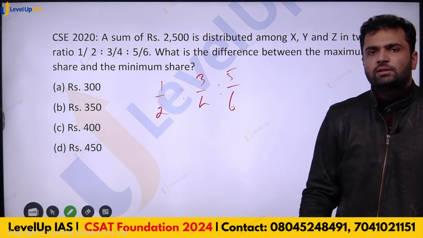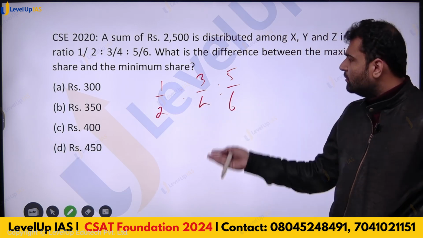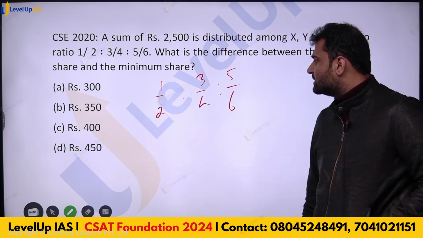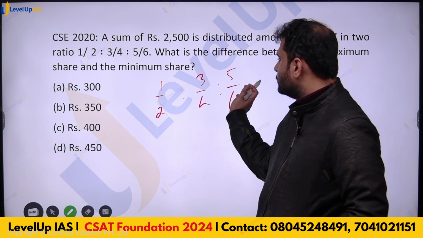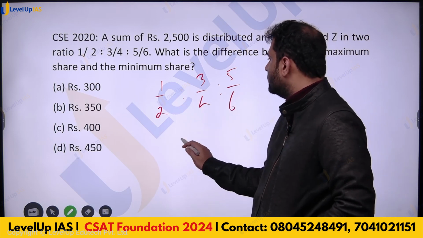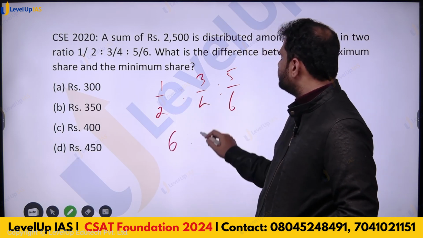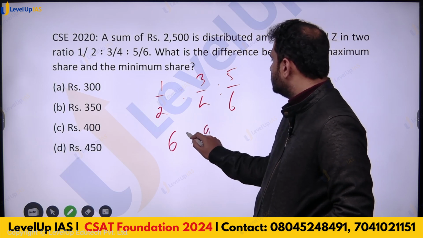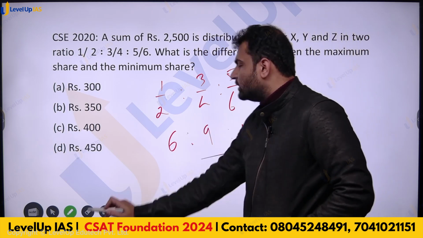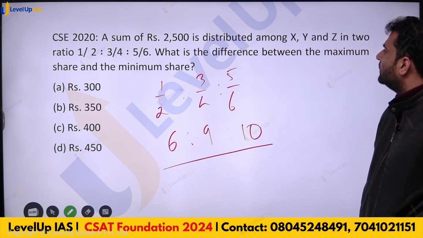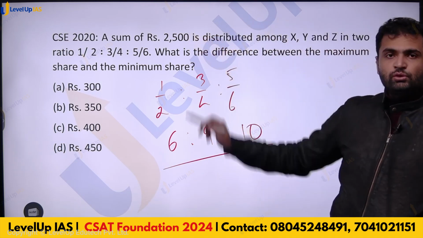The simplest such number is the LCM of 6, 4 and 2, which is 12. So if we multiply the entire ratio by 12, you get 6:9:10. This is the ratio in which the money is getting divided. Total sum is 2500.